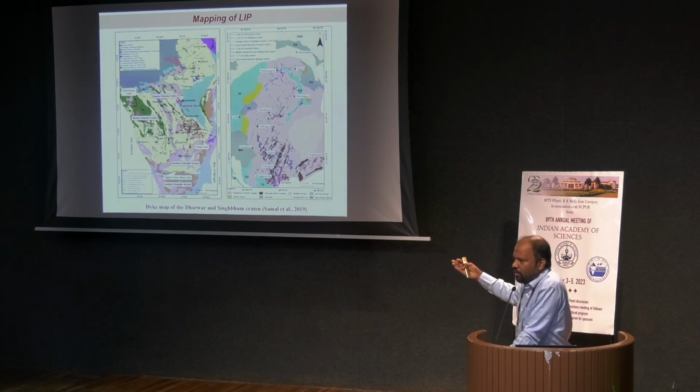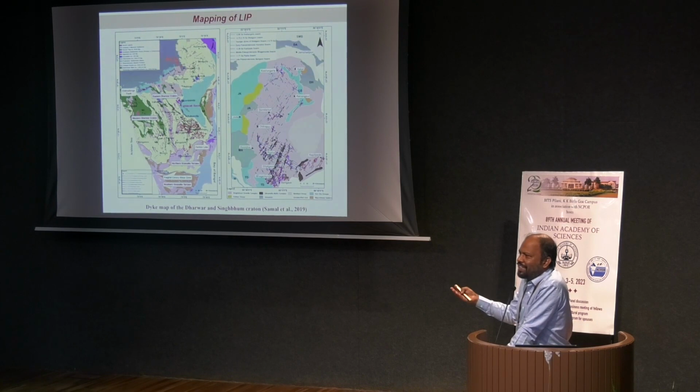In the Dharwar craton, from 2.37 gigayears to 1.89 or 1.73 gigayears, 9 generations of mafic magmatism have happened. And these 9 generations have been marked in this map with different colors. Before that, this classification of mafic dikes into different events had not been done.